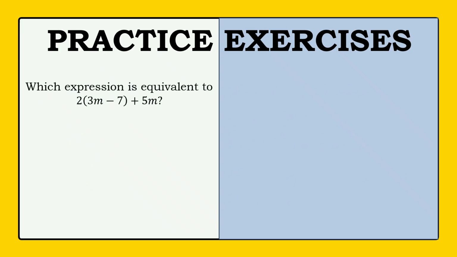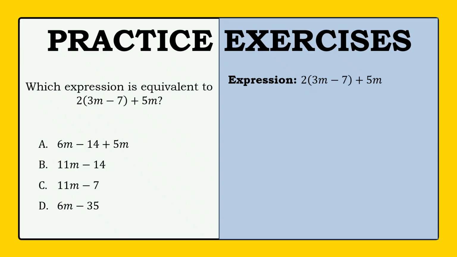Which expression is equivalent to 2 times the quantity of 3m minus 7 plus 5m? A: 6m minus 14 plus 5m, B: 11m minus 14, C: 11m minus 7, or letter D: 6m minus 35? What do you think the answer? Alright, let's solve.